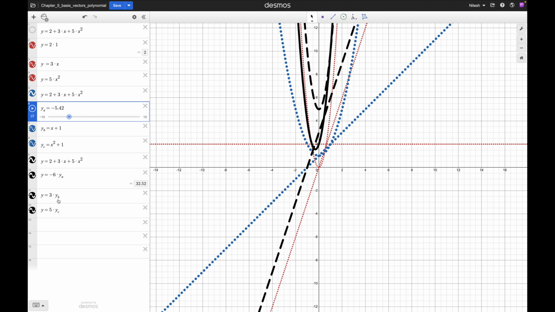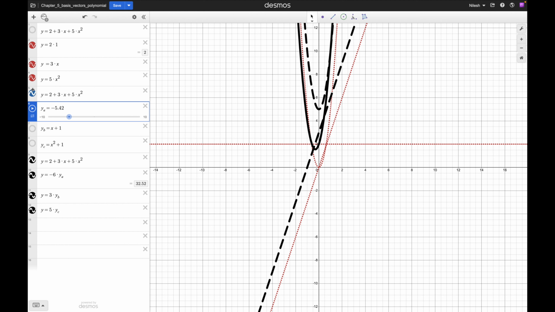So to avoid confusion, I'm just going to not show these lines in blue and just look at the blue, the red, and the black lines, which clearly show us that we can use the basis vectors, which are shown here by the dotted lines for the black and the dotted lines for the red, to create our polynomial, which is shown here by the solid line in black.